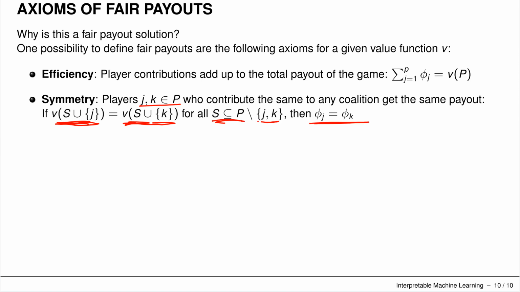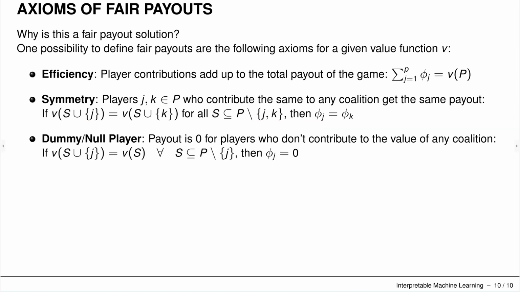That's symmetry. Then we have the dummy or null player. So the payout is 0 for players who don't contribute to the value of any coalition. So if the value function is the same, no matter if player J is in there or not, for all possible coalitions, then the Shapley value is 0.